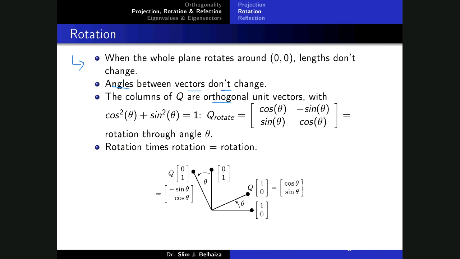So if you take two vectors here, for instance, 1, 0 and 0, 1, and multiply each one by Q rotate, you obtain the new vectors, right? You see here these are the resulting vectors. And you see the angle, which was 90 degrees at the beginning, is still the same. Got it, Shabab? So it's, mathematically speaking, what you obtain if you rotate a picture.